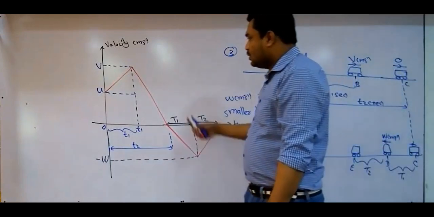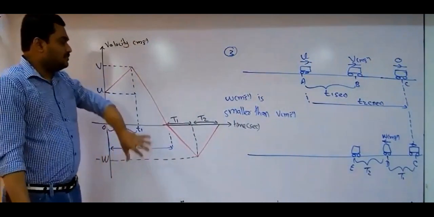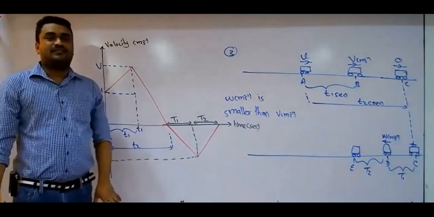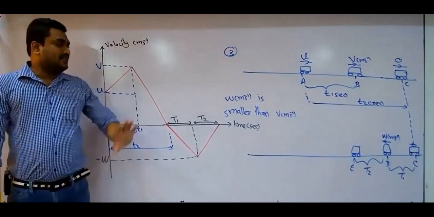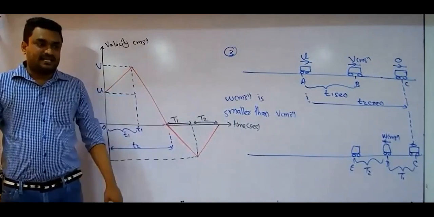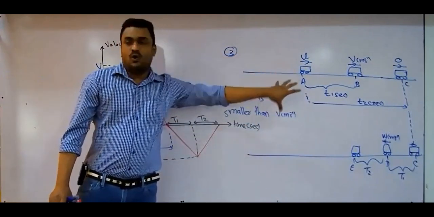Clear here? So, without writing so much description, by just looking at the graph we can say statement A is wrong. I think using the graph is better than writing a description by drawing a figure.